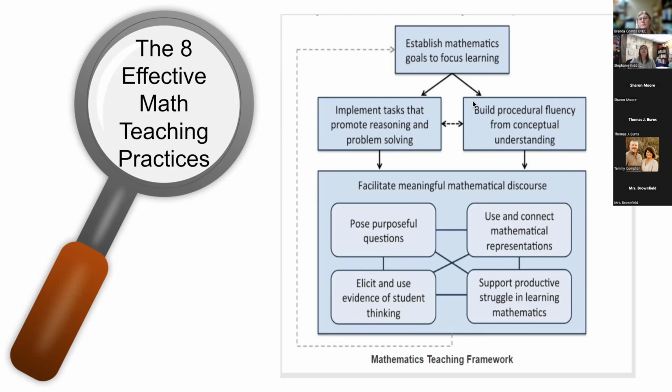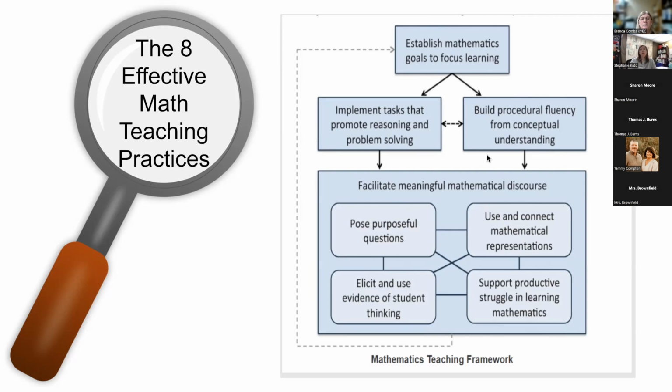Multiplication starts in 3rd grade and goes all the way through too. But I don't want to see them just working on 3 times 7. How am I going to build that into what they're working on? And so we're going to have some other conversations about how do I make sure that they are working between those. So our first one is establishing that math goal for focusing learning.